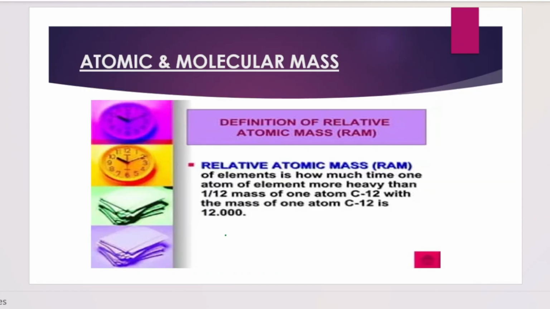What is meant by atomic mass? Atomic mass means mass of an atom. An atom is extremely small in size and therefore its mass is also extremely small. These days, scientists have sophisticated techniques to find out the exact mass of an atom.